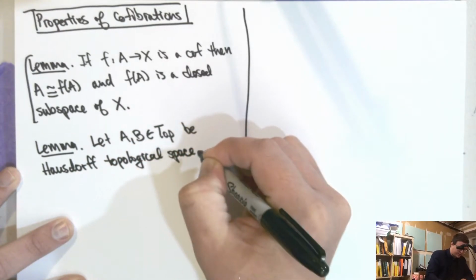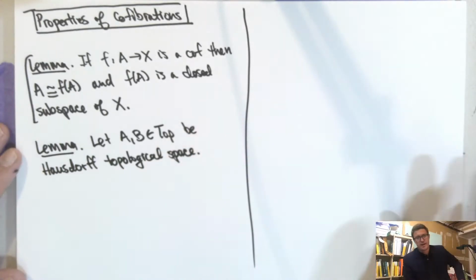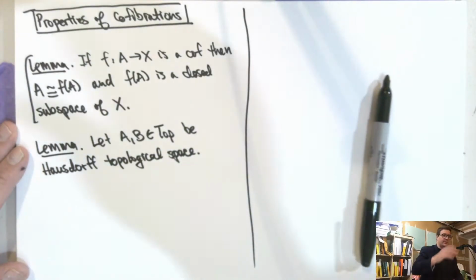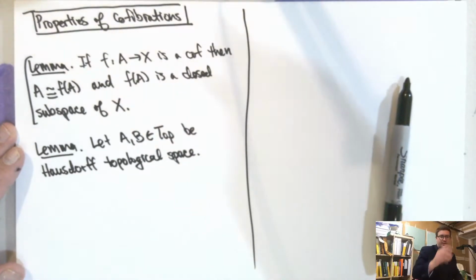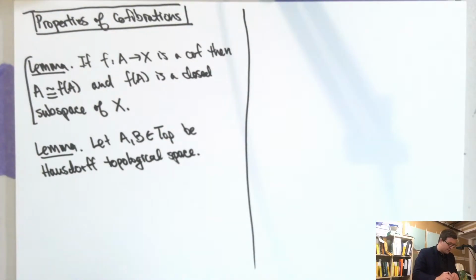One characterization of a Hausdorff topological space is that the diagonal is closed, and we're going to be using a property like that.